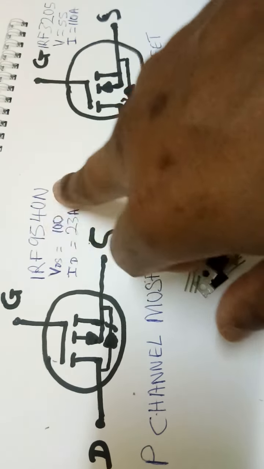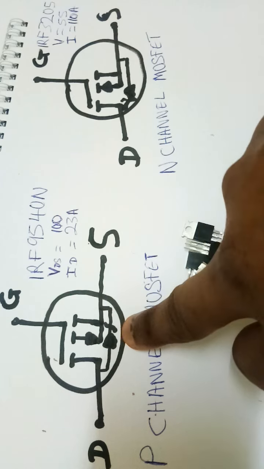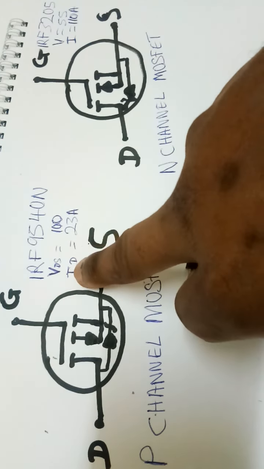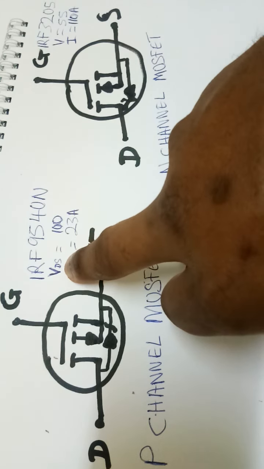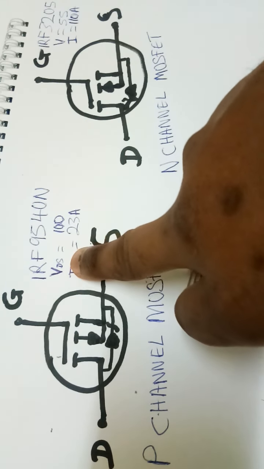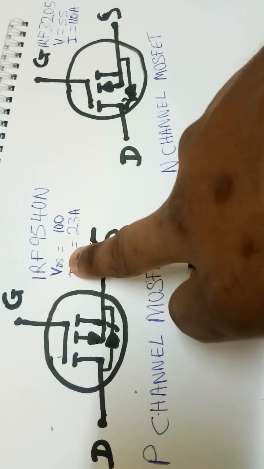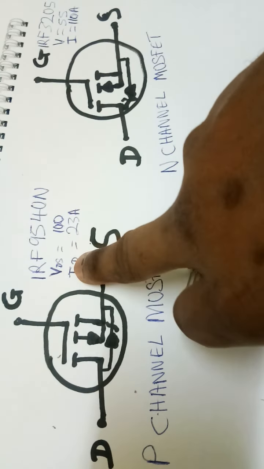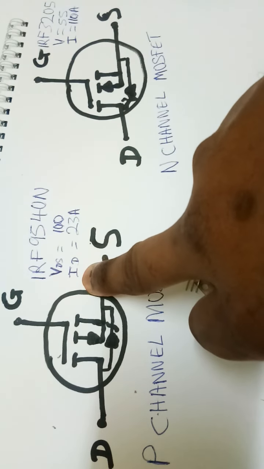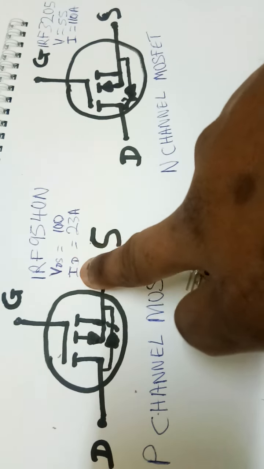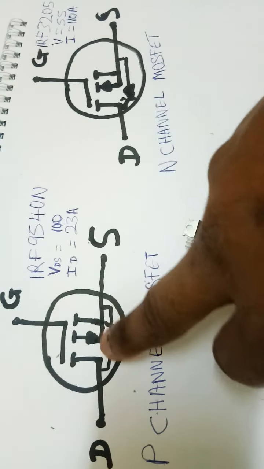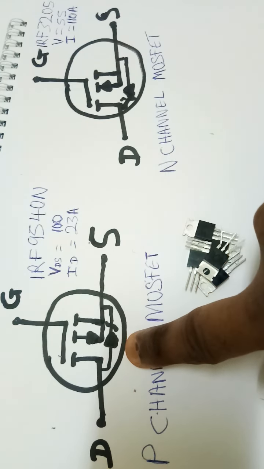Google is going to tell you that this is a P channel MOSFET. It's going to show you the symbol, and the maximum voltage. The maximum drain source voltage is 100 volts. Then the drain current is 23 amps, which is the maximum current of this P channel MOSFET.